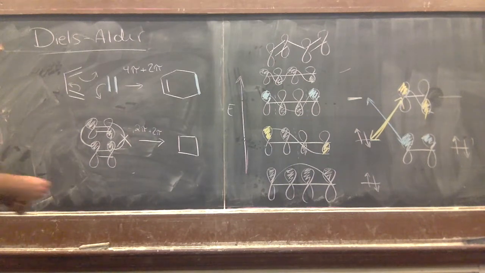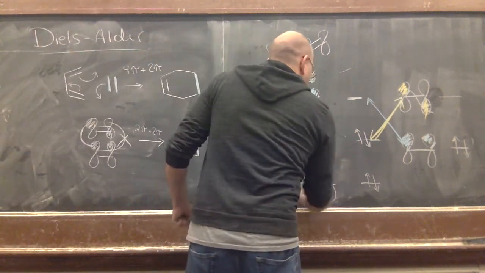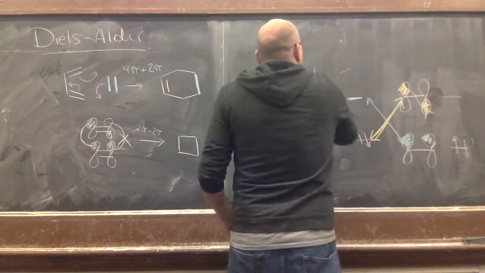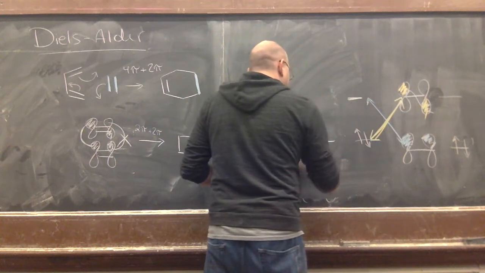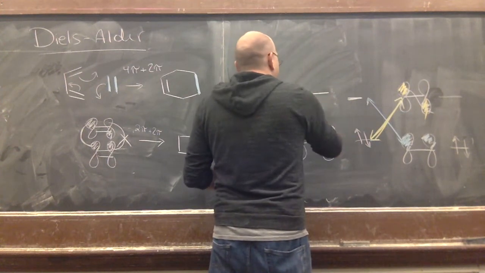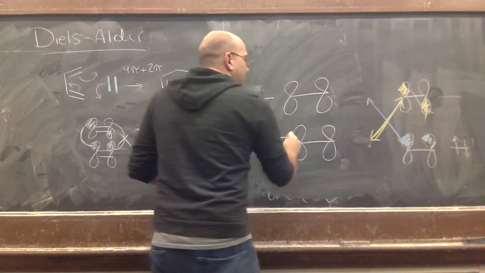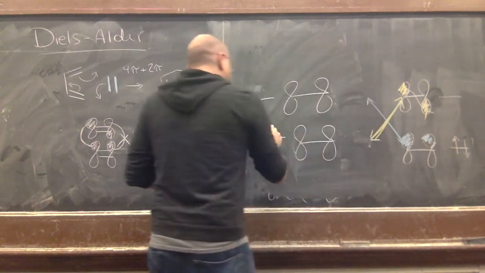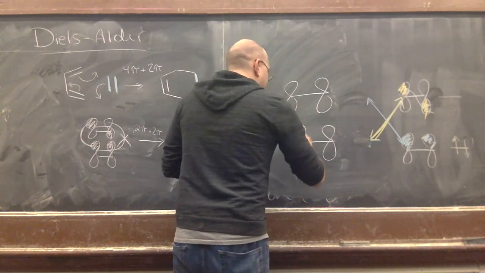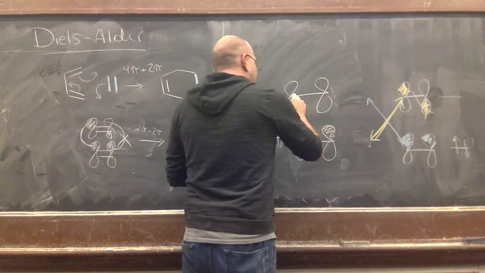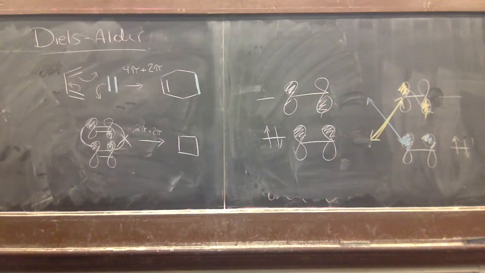Okay? But it turns out that there's the 4 plus 2. Okay, so here we have the HOMO of one and the LUMO of the other.